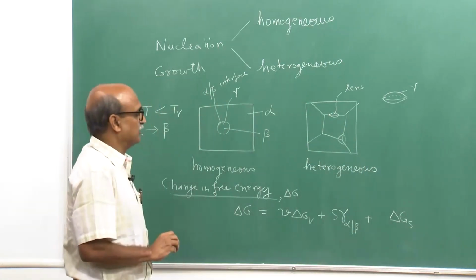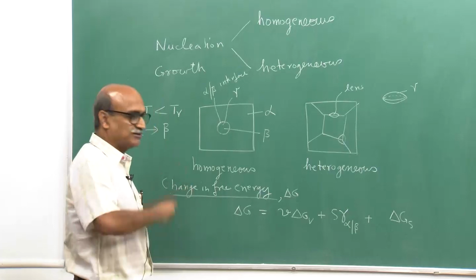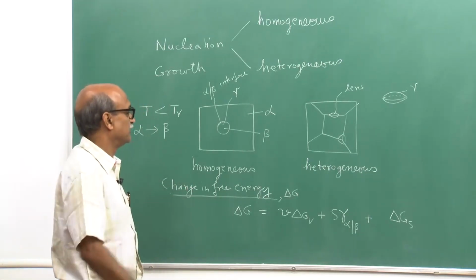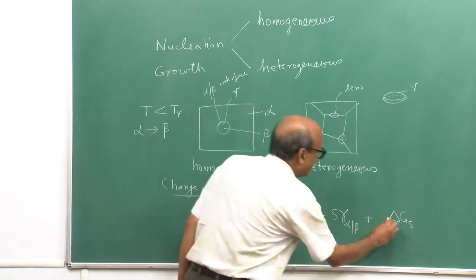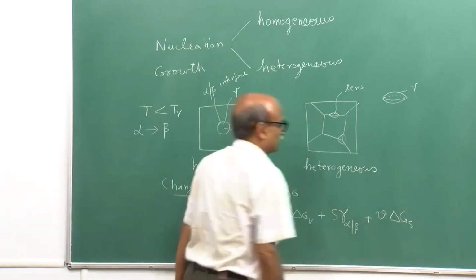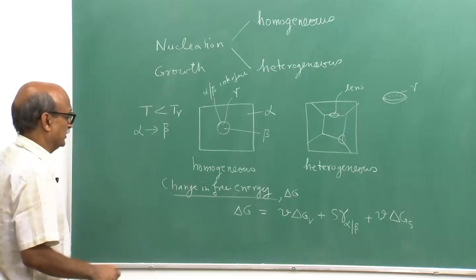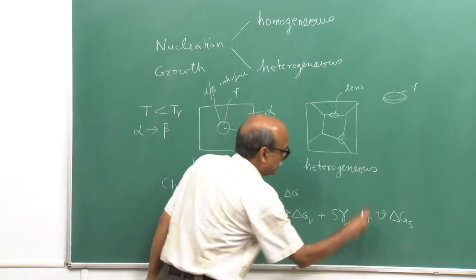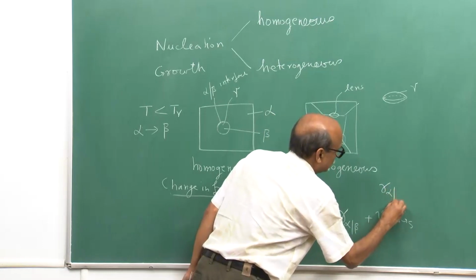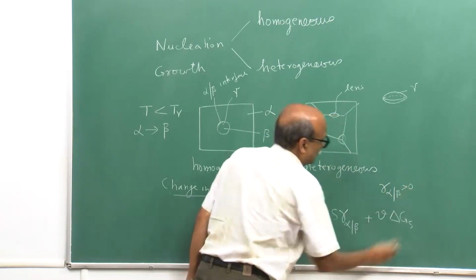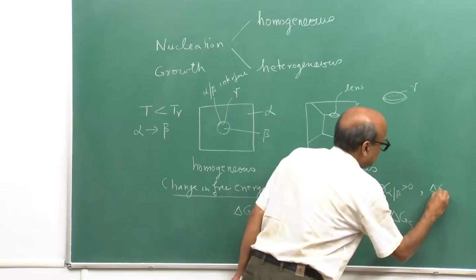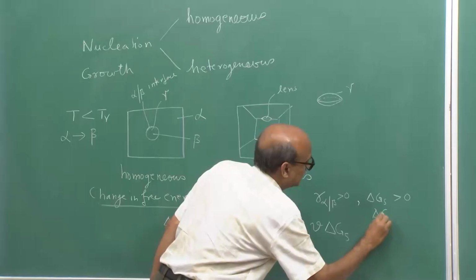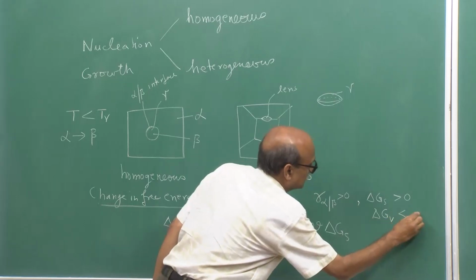The strain that is resulting in the alpha matrix results in a change in free energy, delta G sub S, multiplied by the volume of the nucleus. Now, gamma alpha beta is greater than 0, delta GS is greater than 0, while delta GV is less than 0.